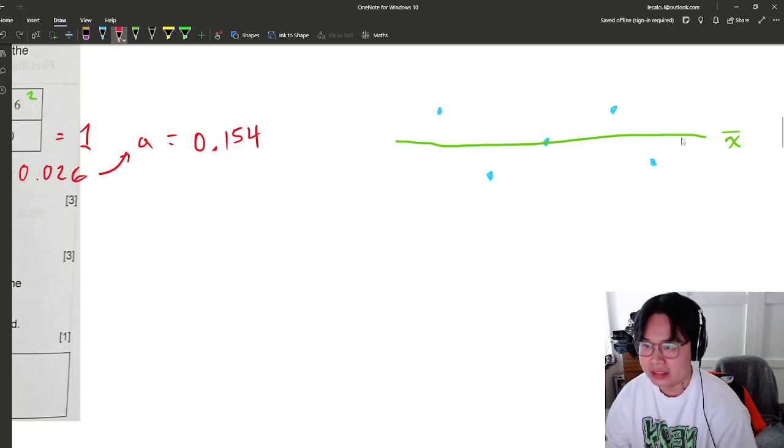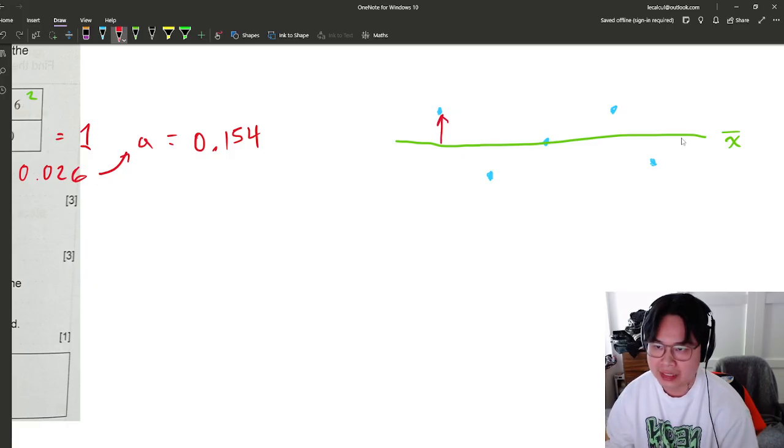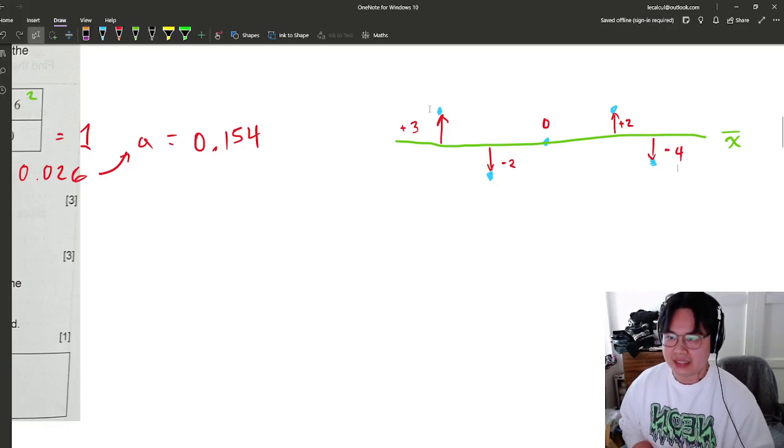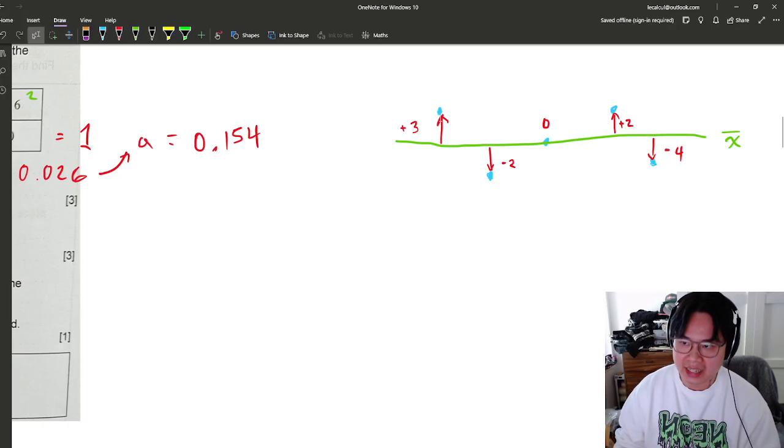So this person is 3 centimeters taller. This person is 2 centimeters shorter. This person is the average height. Maybe this person is 2. And then let's say this person is -4. Not to scale. Okay, so these are called residuals, right? It's just how much more or less each individual person is compared to their average.